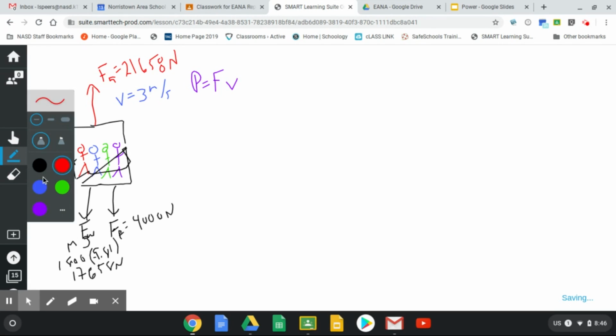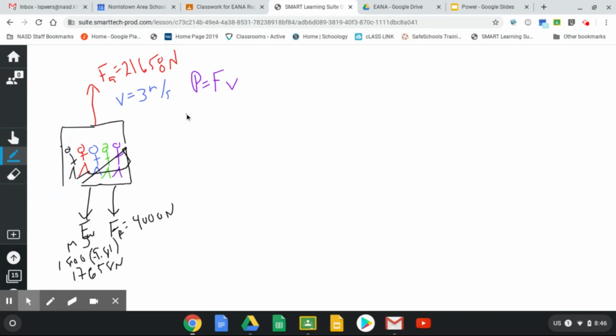Okay, so now we know the force needed, and we know the velocity that we want this to travel at. So power is equal to the force, 21,658 newtons, times a velocity of 3 meters per second, which gives me a power of 64,975 watts.